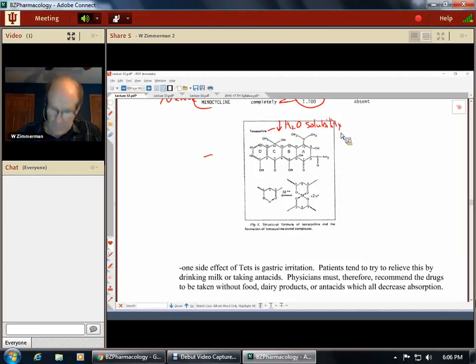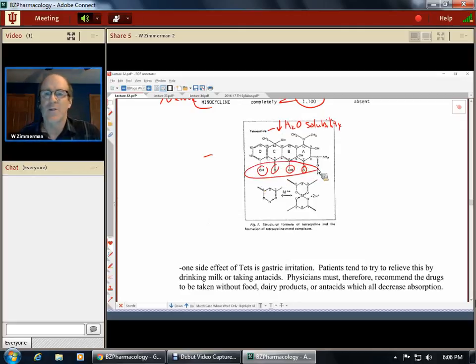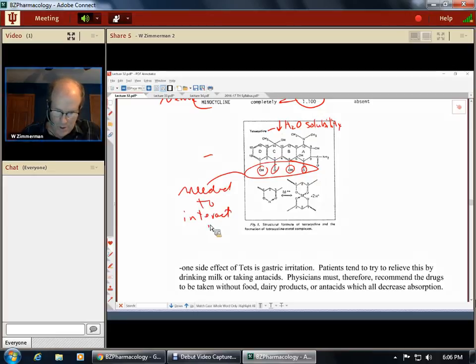And when we need these, the hydroxyl and the oxygens, these polar groups, are needed to interact with water. The polar water molecules are all attracted to each other, but you need to break into that matrix of water molecules to be able to have solubility.